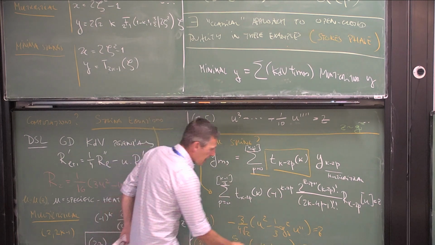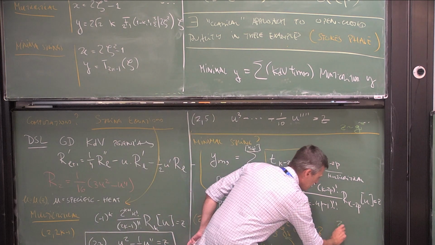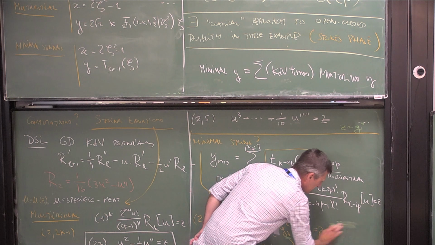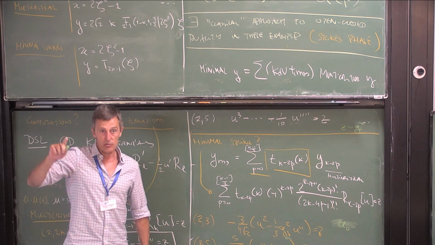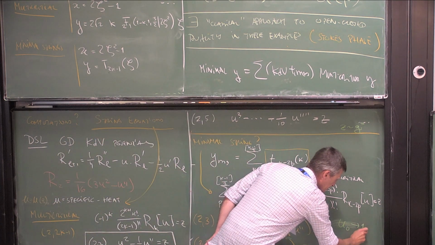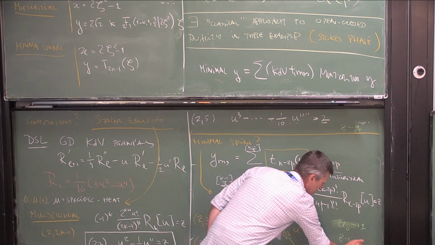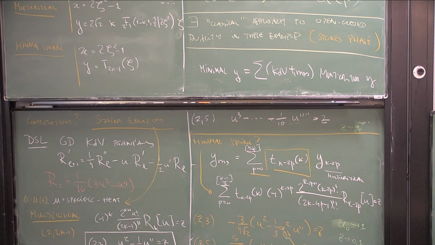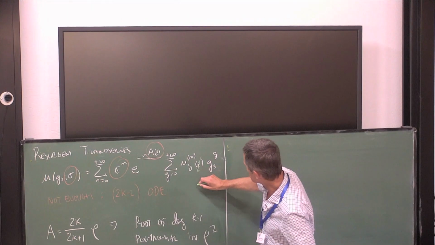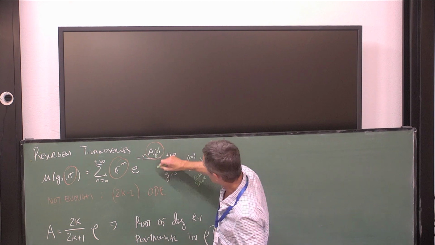In the minimal string, actually GS appears explicitly in the equation, and you solve things in Z, and then, let me be more rigorous, you have to take U0, which is the genus 0 free energy, to 1 at the end of the calculation, which in many cases sets Z to 0 or to 1. It depends on whether it's even or odd. And this is what Seiberg and Shih call the conformal background. So at the end of the day, all you're going to get is a power series expansion in GS. So Z still needs to be set to the conformal background, but I didn't want to get into technicalities.